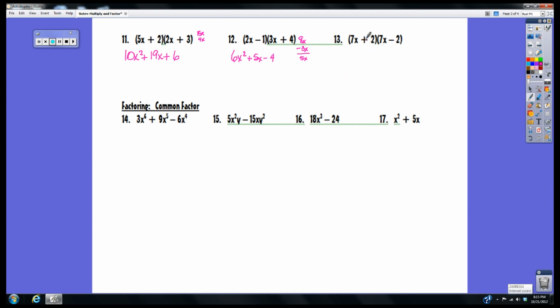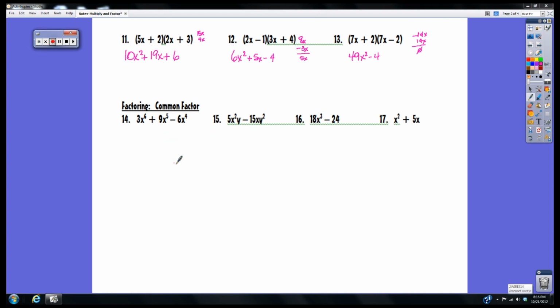And one more of these. 7x times 7x is 49x squared. Outsides, that's negative 14x. Insides, positive 14x, which means anything in the middle here is totally gone, canceled out, because negative 14x and positive 14x cancel. And negative 4. So 49x squared minus 4.